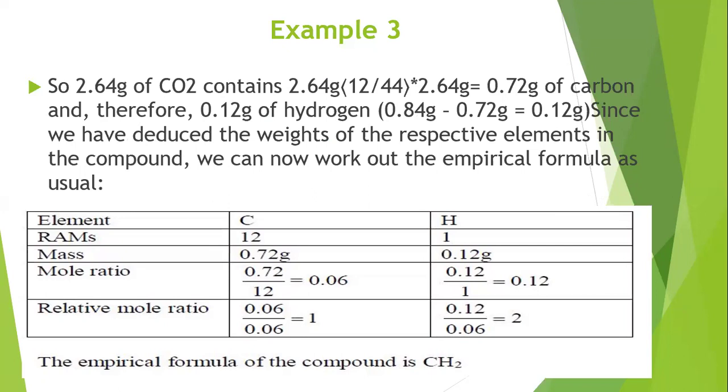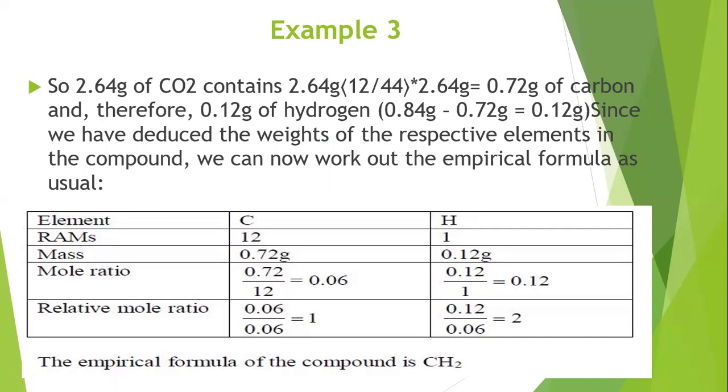Since we have deduced the weights of the respective elements in the compound, we can now work out the empirical formula as usual, as we've seen in the previous examples. Here's our table, and we have two elements: carbon and hydrogen. The relative atomic masses: carbon is 12 and hydrogen is 1. The masses we obtained for the carbon is 0.72, while for the hydrogen is 0.12 gram.